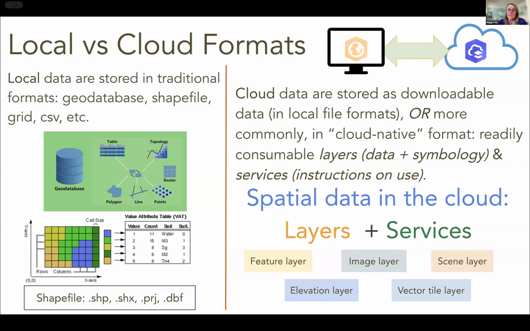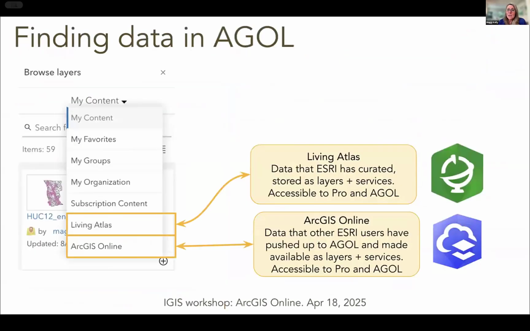And if you're just starting from scratch in GIS, this is great. You might get a shapefile once in a while, but you might just want to start working in cloud native formats like these layers. Sean's going to go over this in detail, but I mentioned one of the huge advantages of ArcGIS Online is the wealth of data out there. And there are two main sources that you're going to be using today and in your work.